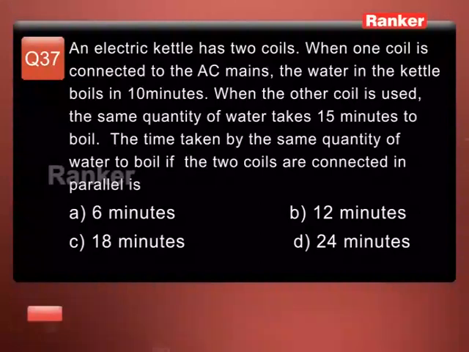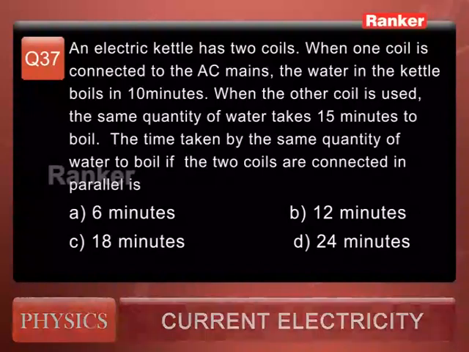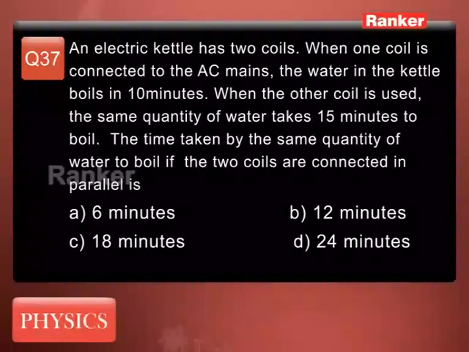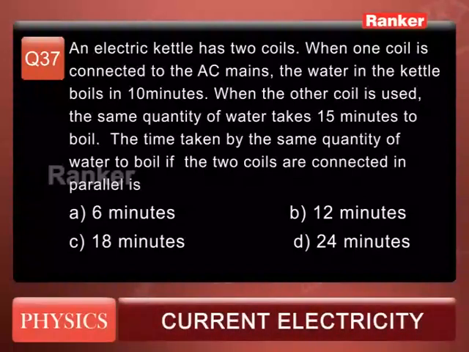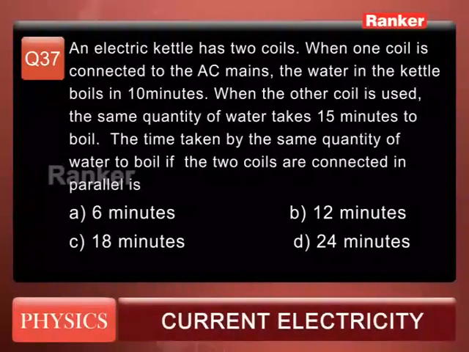When the other coil is used, the same quantity of water takes 15 minutes to boil. The time taken by the same quantity of water to boil if the 2 coils are connected in parallel is how much? That is the concept.